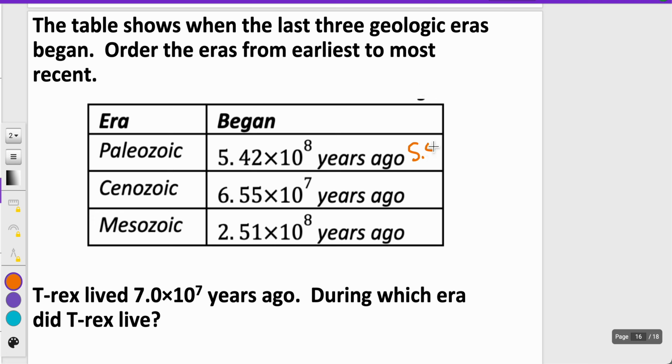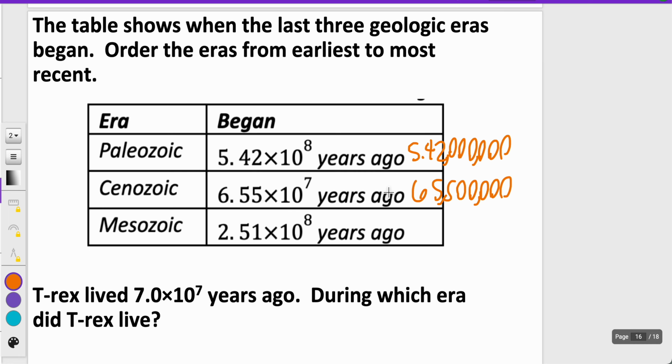So 5.42 in standard form would be 1, 2, 3, 4, 5, 6, 7, 8,000 years ago, or 542 million years ago. 6.55, 1, 2, 3, 4, 5, 6, 7, or 65 million years ago.